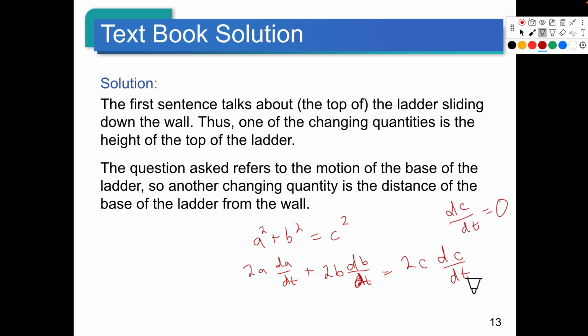If we do it now, we're stuck with, okay, what really is dC/dt? Because they didn't tell us, but a ladder's not going to change, so it's got to be 0, so it'll work out the same way. So then we still get that this whole side has to be 0.